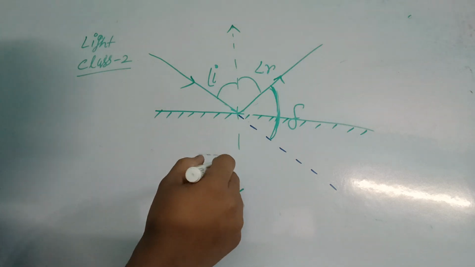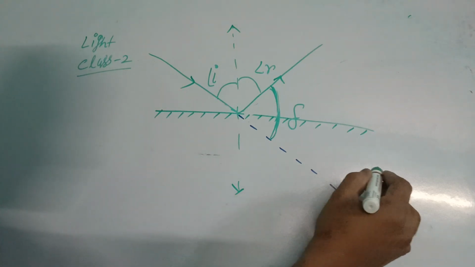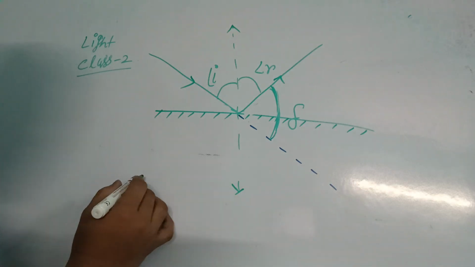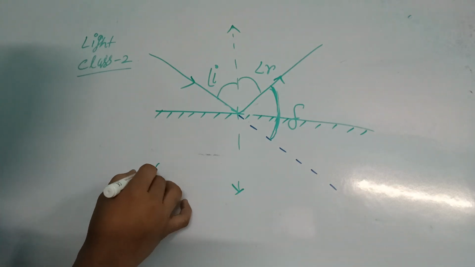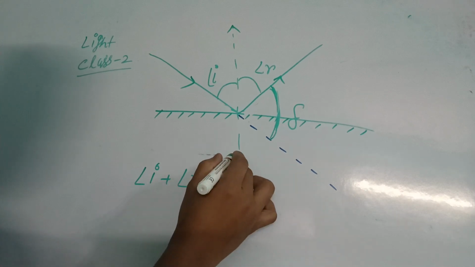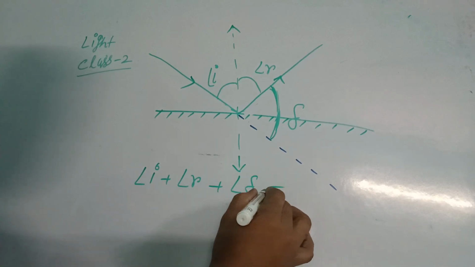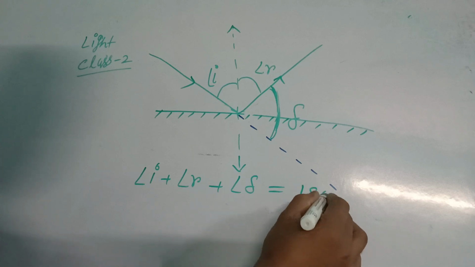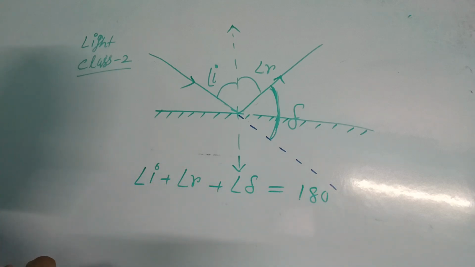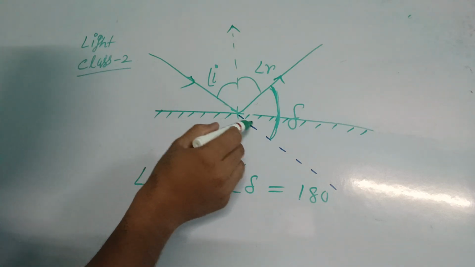Now, applying geometry, we can write angle I plus angle R plus angle delta is equal to 180 degrees. Yes or no? Yes. Why? Because this is a straight angle.